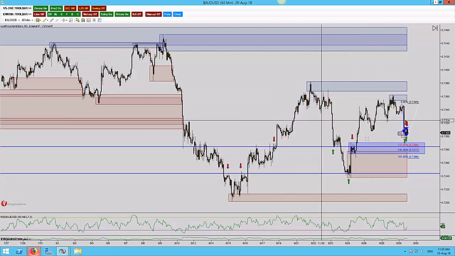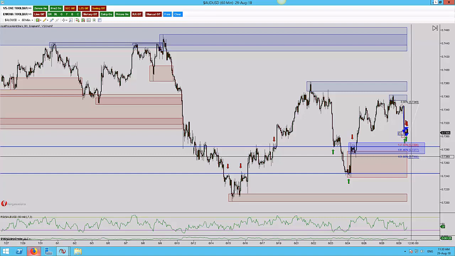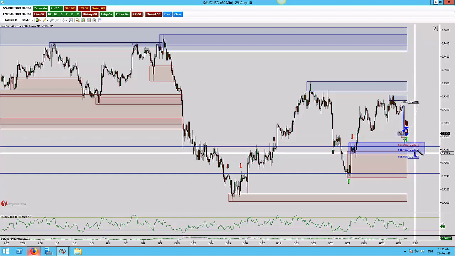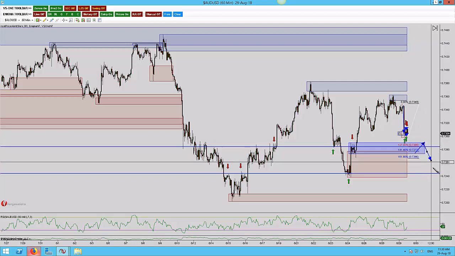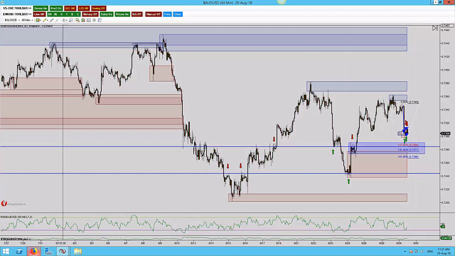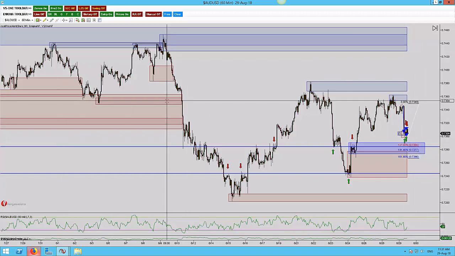So that actually comes in past the 1618, so it wouldn't surprise me if we came down, saw a little rally, and potentially a continuation. So that's the trade. We'll come back to this and see if we can capture a winner, or if we're just going to capture a losing trade.